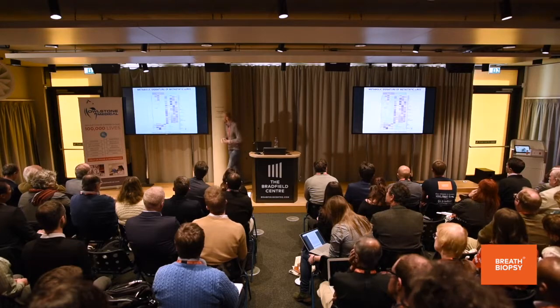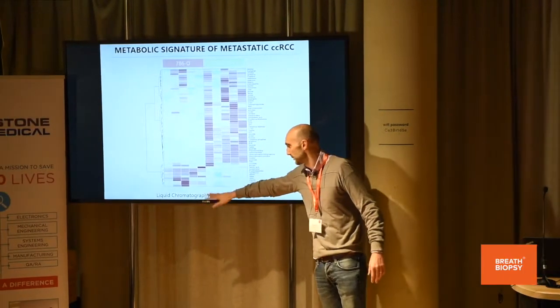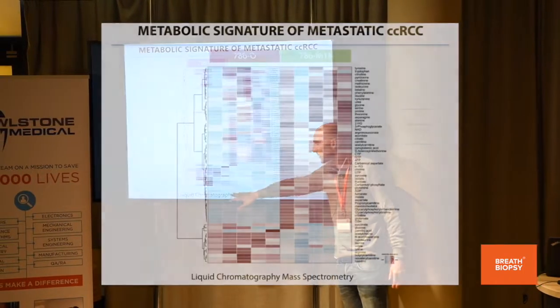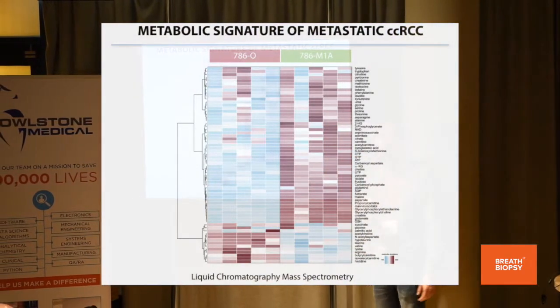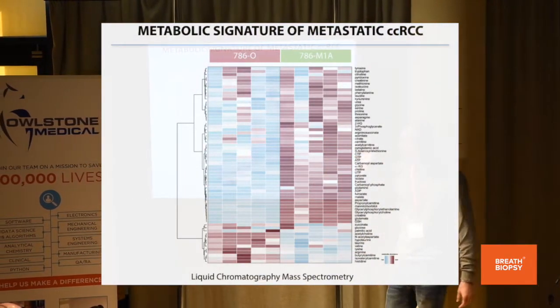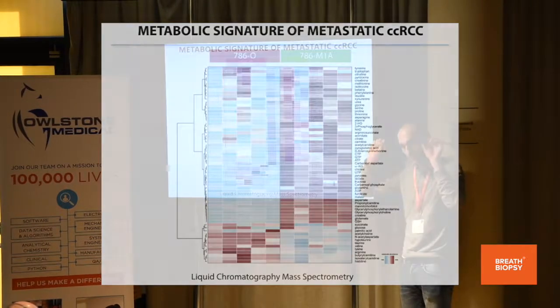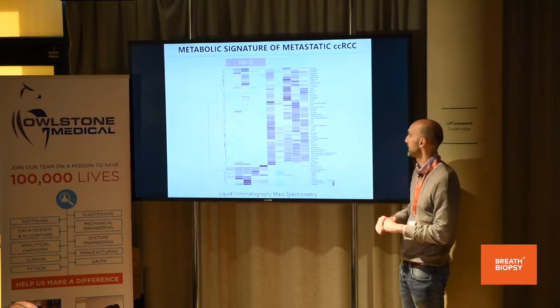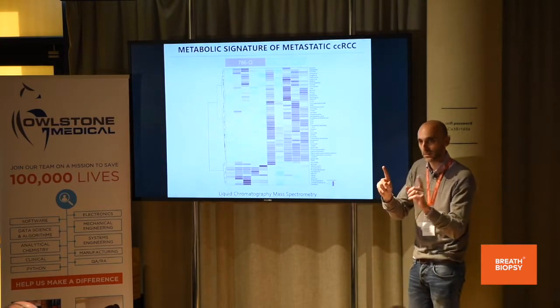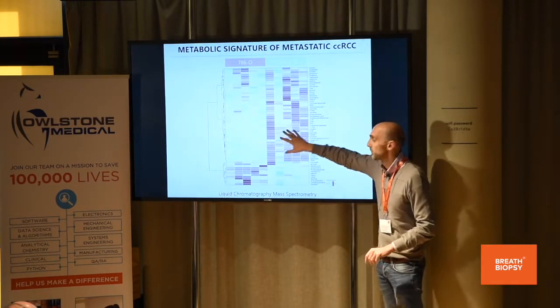So we performed one of our favorite type of assay, which is metabolomics, based on liquid chromatography coupled to mass spectrometry. And we were really surprised about this data, because these cell lines that are very similar, they have the same growth rate, very identical properties apart from the metastasis, have a very different metabolic phenotype.